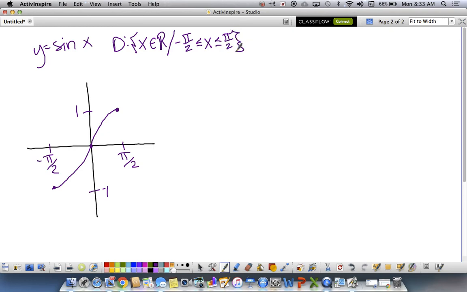What is the range? y is a set of all real numbers such that negative 1 is less than or equal to y, less than or equal to 1. Can you graph the inverse function?